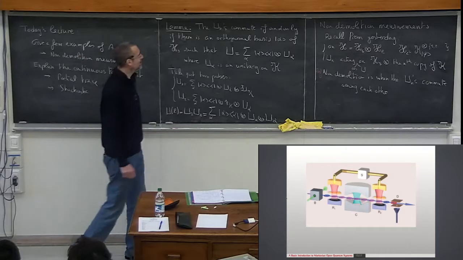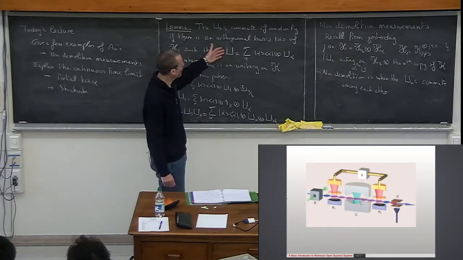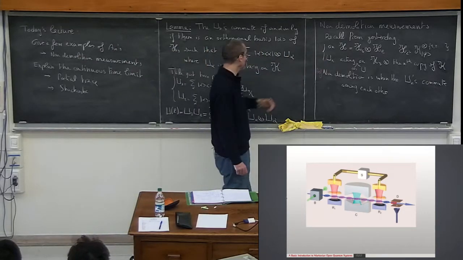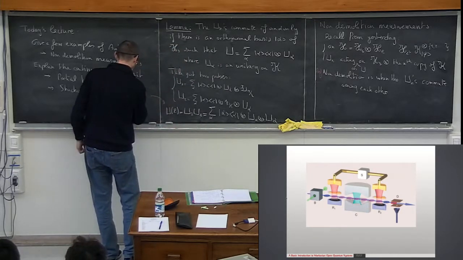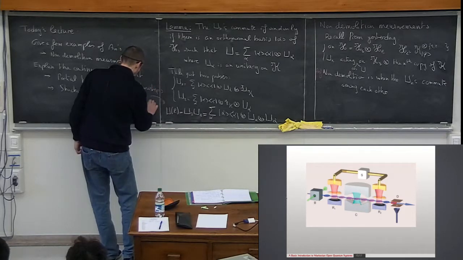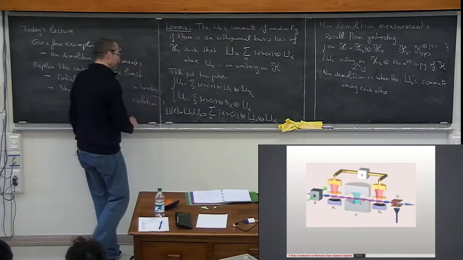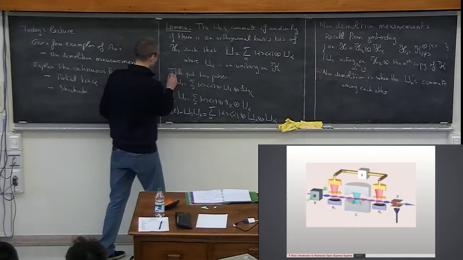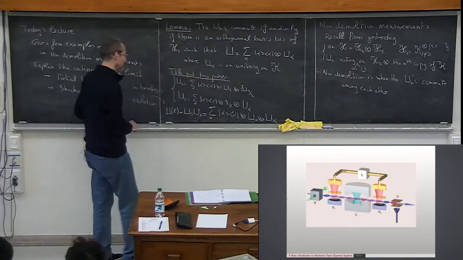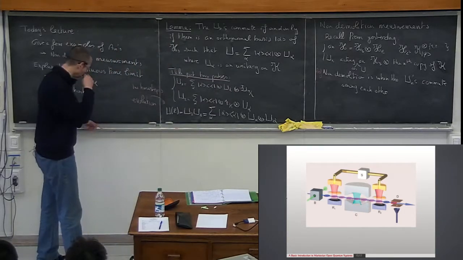So indeed, it's trivial to see that if you have such a formula, all the UNs commute among each other. This is the 2 time steps evolution. Okay, and you could generalize to more probes. But it's obvious that this is going to work.